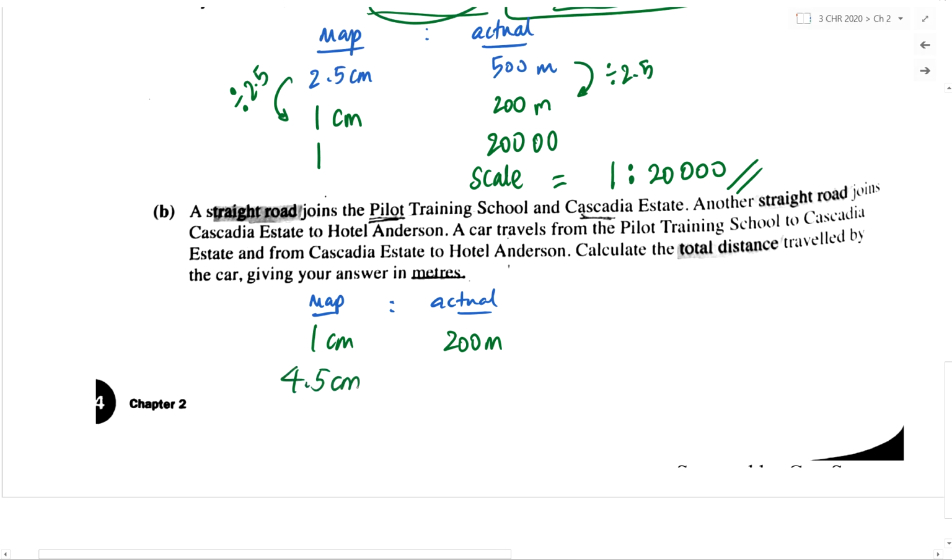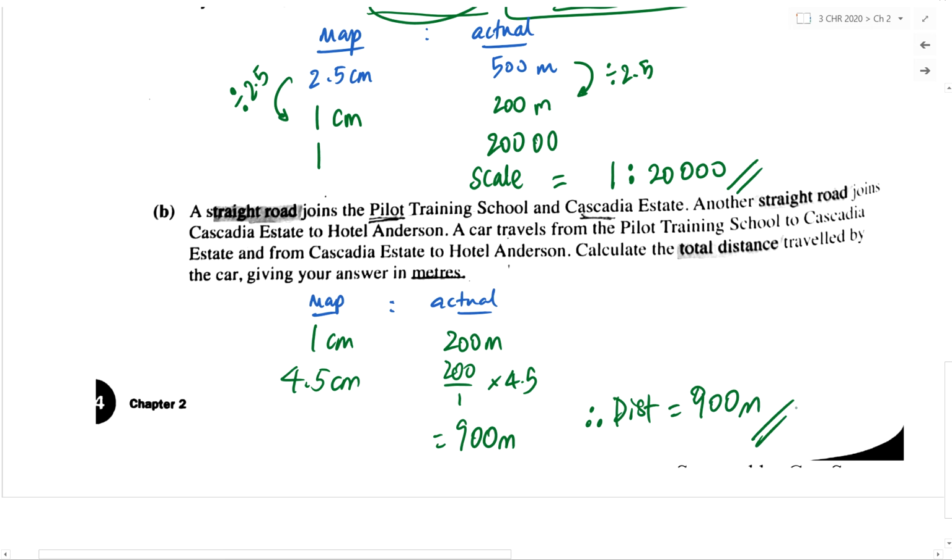So if it is 4.5 cm over here, this will be 200 over 1 times 4.5 to give us the same answer. 200 times 4.5, 900 meters. Distance is 900 meters.